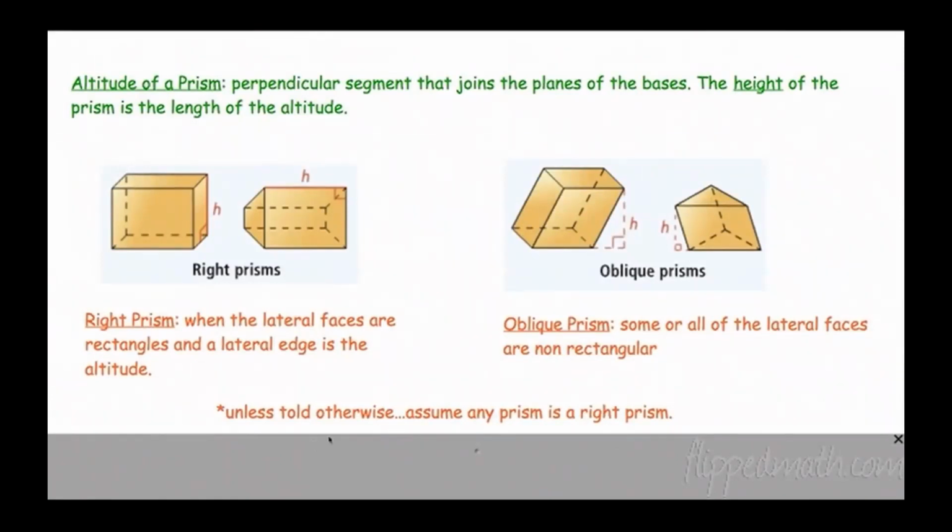The other way you'll know it's oblique is because the lateral faces are non-rectangular. Look at this: every face here is a rectangle. This little one in here is a smaller rectangle, but it's still a rectangle. These are not rectangles. Yes, they're quadrilaterals, but they're not rectangles. But again, most of the time right now, we're just dealing with right prisms.